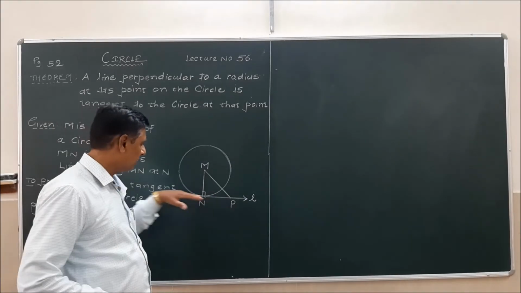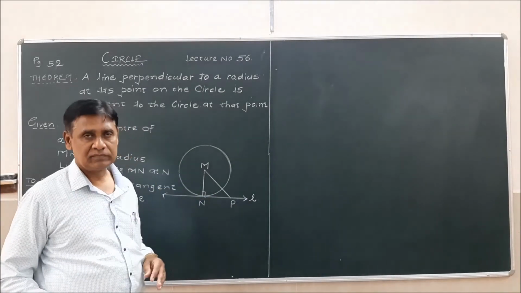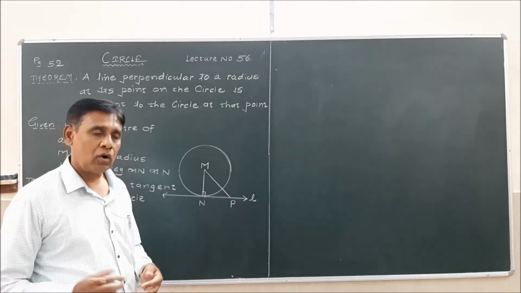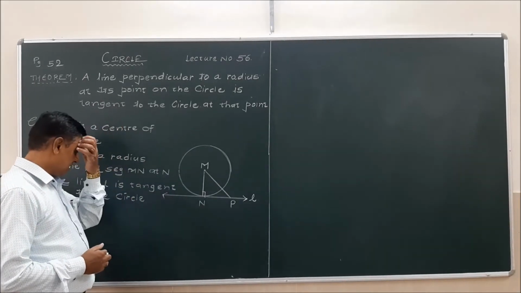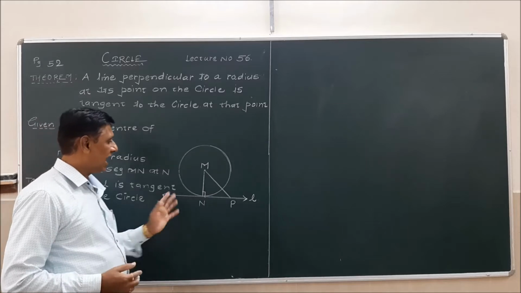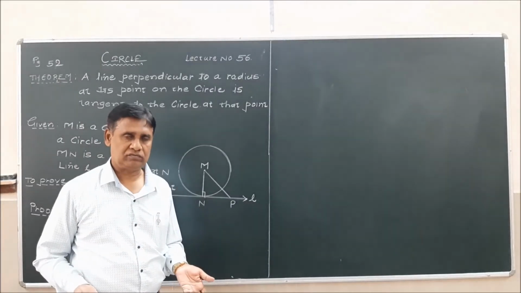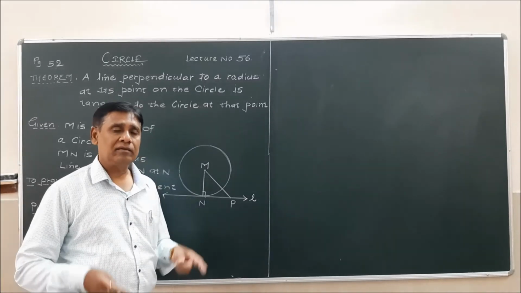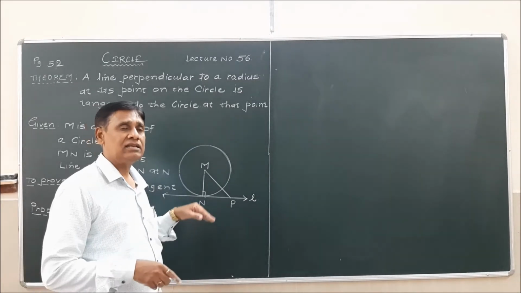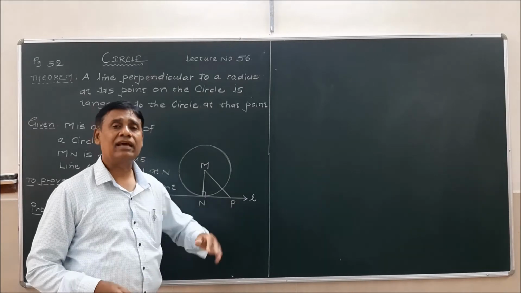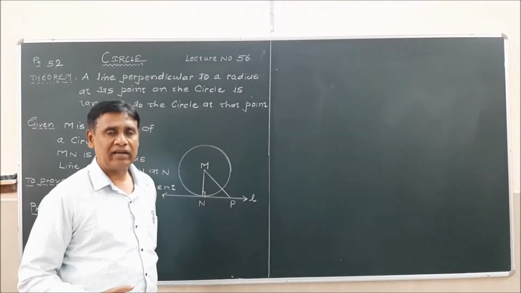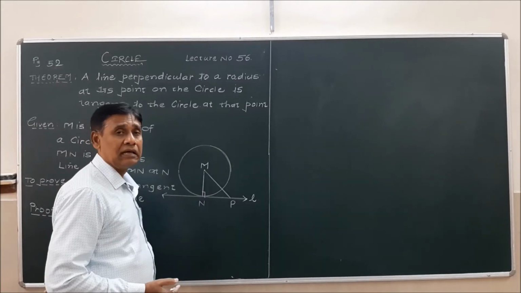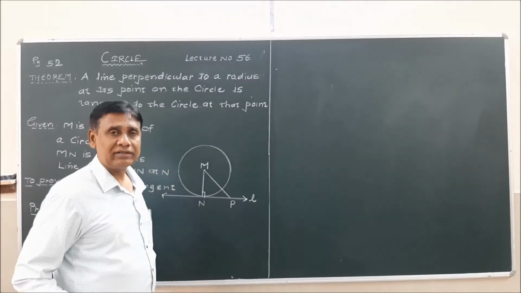Because it is perpendicular at point N. Now we have to verify whether it is tangent at some other point also, or only at point N. Line L is perpendicular to the radius at N. So we are going to verify whether line L is tangent to the circle at any other point than N.